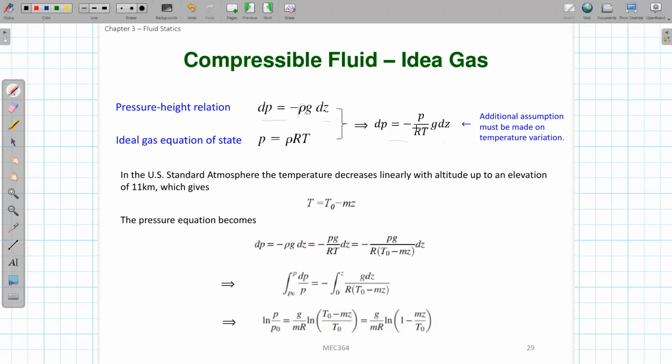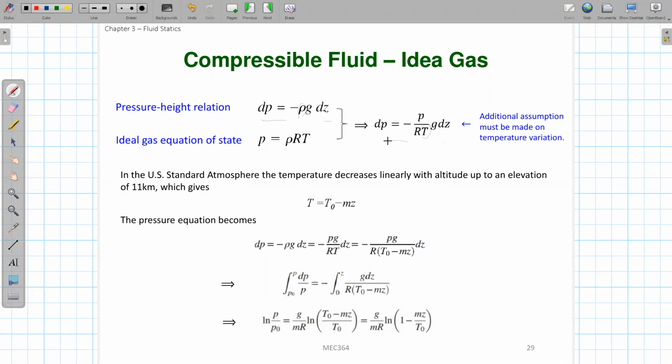dP equals minus P divided by RT times g times dZ. But for this one, we cannot integrate this differential equation in P and Z to get the pressure. Why? Because this introduces a new variable, the temperature, and temperature definitely will not be constant in most cases.